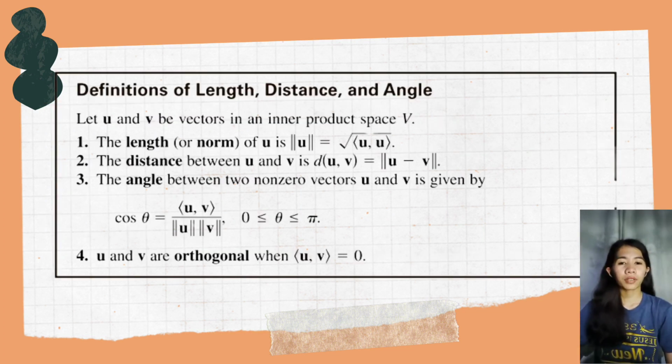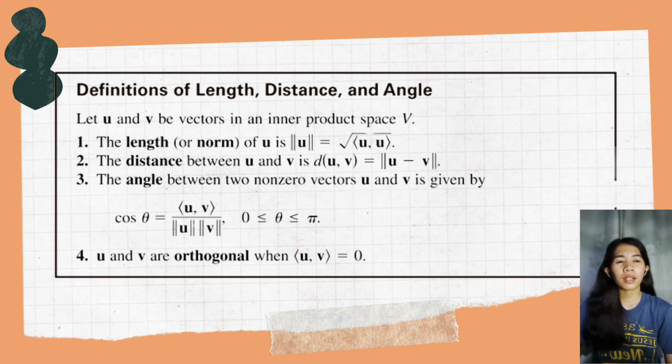And now we will talk about the length, distance, and angle. Let u and v be vectors in an inner product space V. The length of u, the norm of u, is defined simply as the square root of the inner product of u with itself, and the distance between u and v is the norm of u minus v, and we have to use the square root of the inner product to get the norm of u minus v.